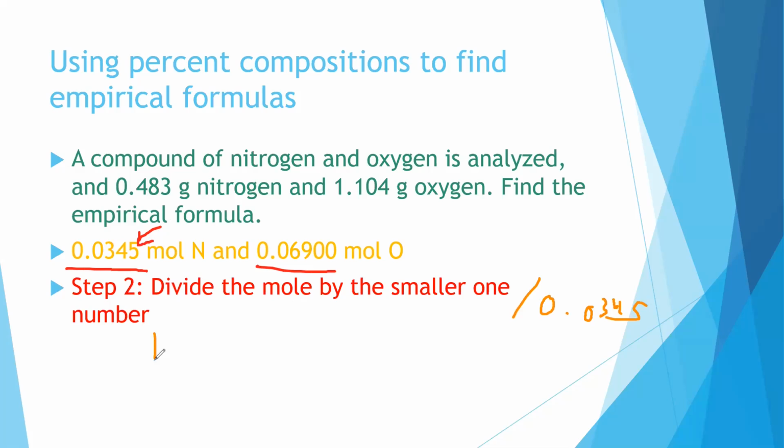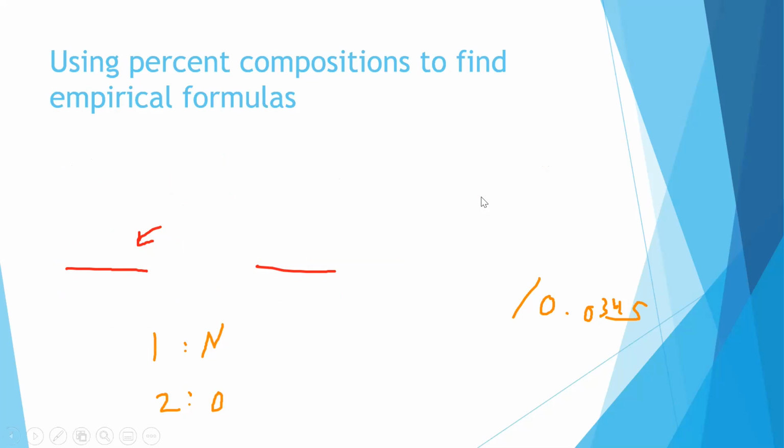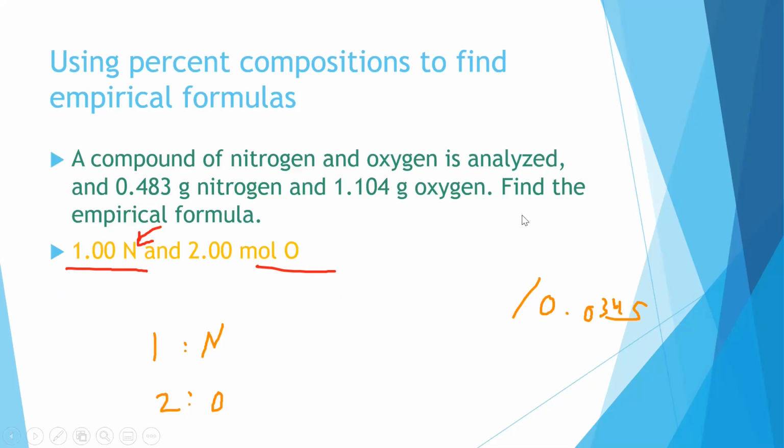We get 1 for nitrogen and 2 for oxygen. This step was pretty easy. So that's all of step 2. We divide by the smallest number. The first step, we converted grams to moles. The second step, we divide the moles by the smallest number. And that matches what I got in the answer key, so that's good.